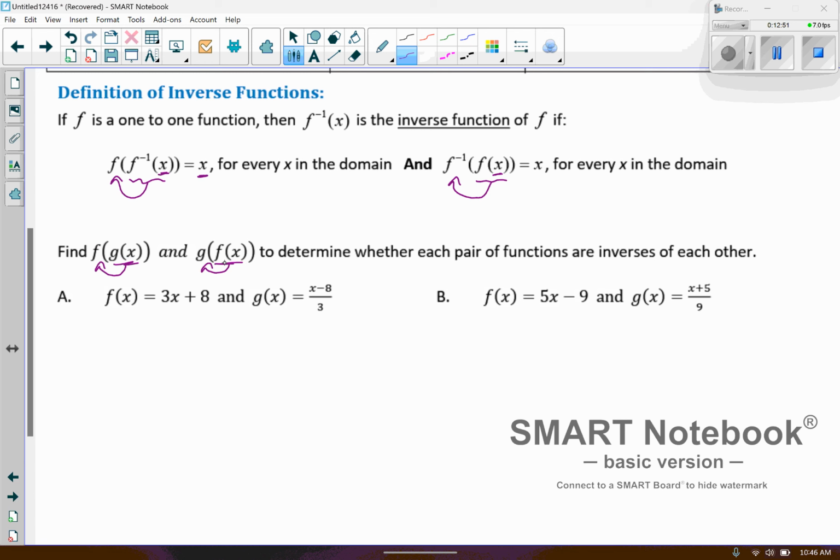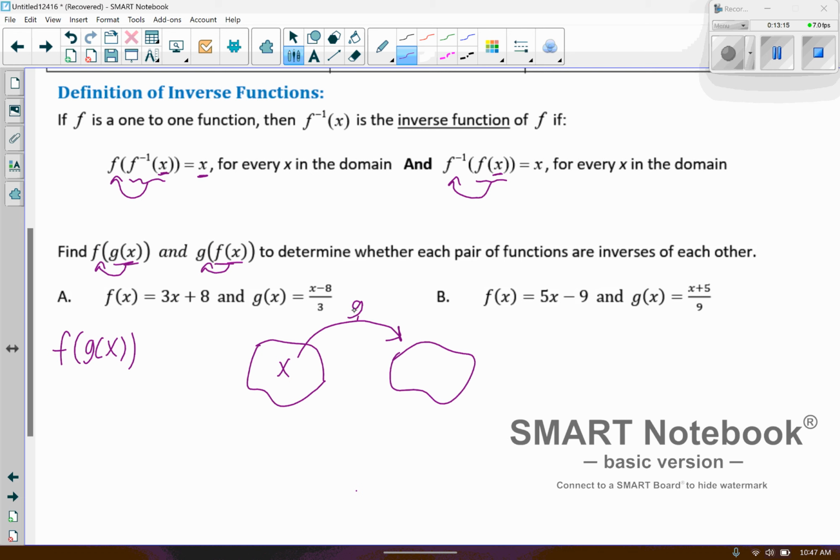So looking at this first example, example A, we want to do f of g of x. If you're looking at the picture that we did up above, you have this pool right here, right? So this is my x. I'm plugging in x. In this case, I'm plugging it into the g function to get started.